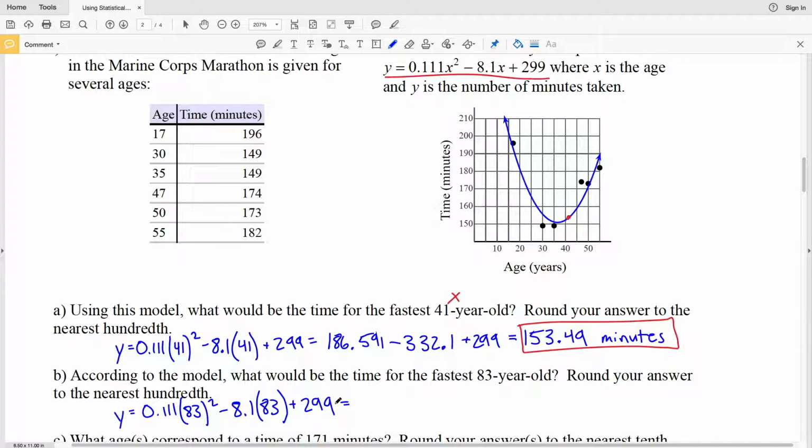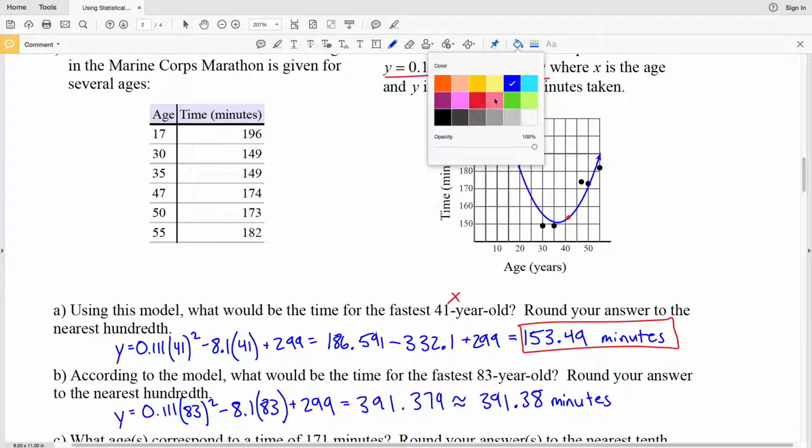Typing all that into our calculator will get 391.379, which rounds to the nearest hundredth to 391.38, and that's in minutes.